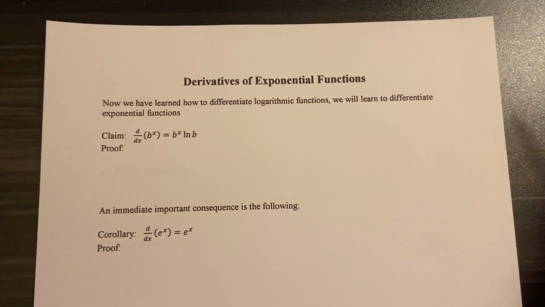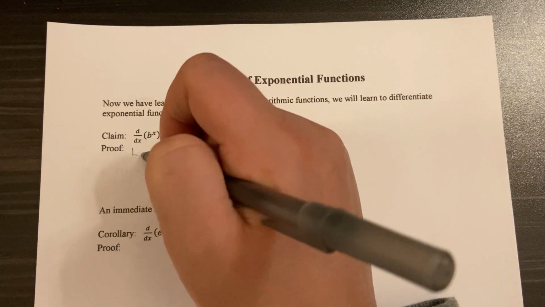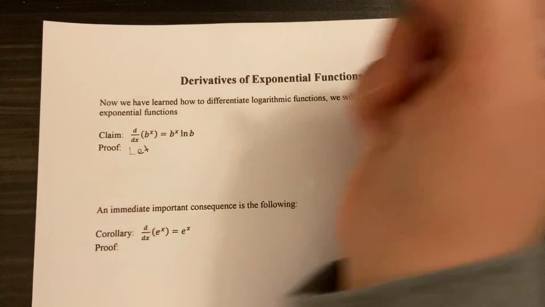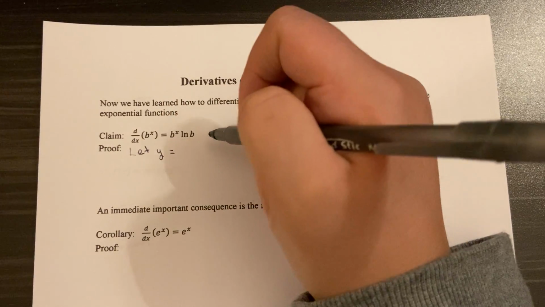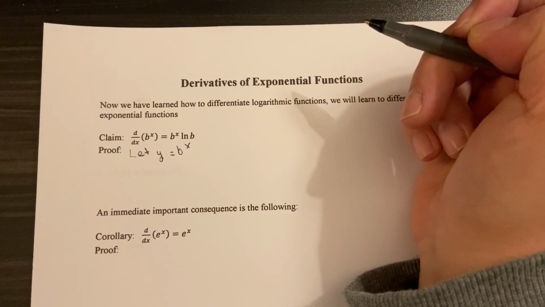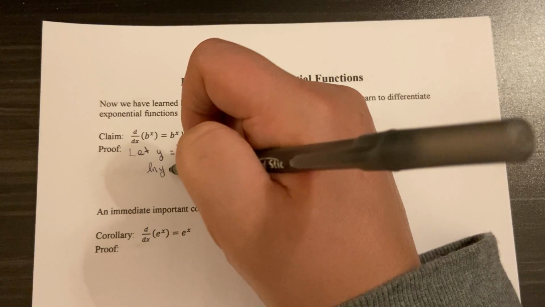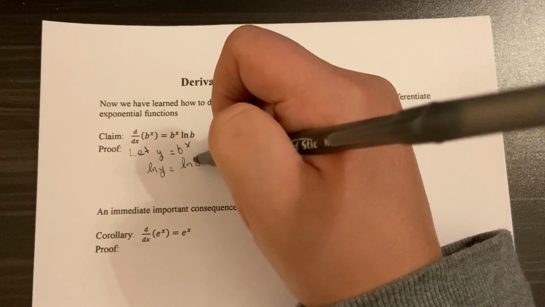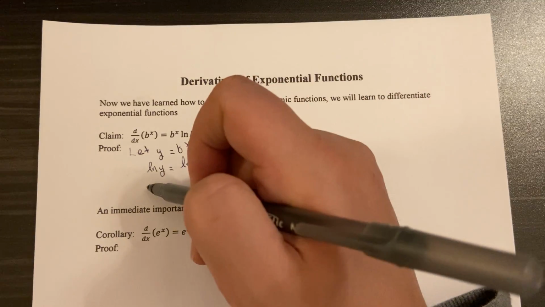Okay, so a small short proof of that would be that you want to let y equal b to the x. And then what we're going to do is we're going to ln both sides. So ln of y equal to ln of b to the x. Okay, I can move the exponent to the front.